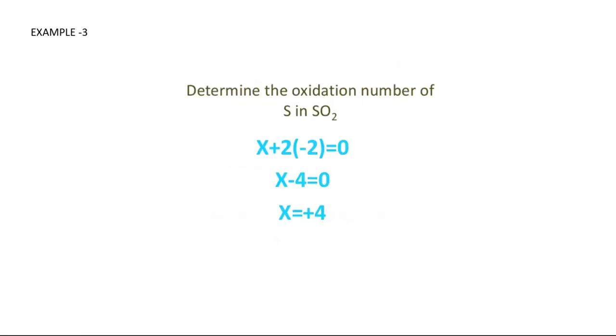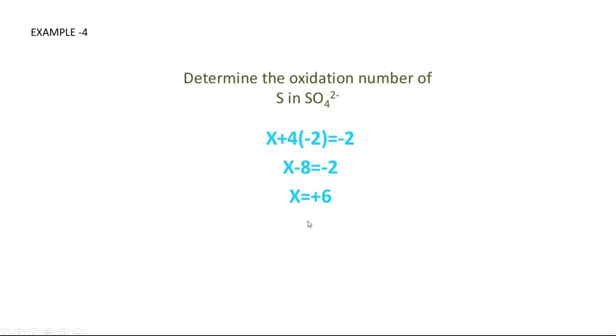Example 3. Determine the oxidation number of sulfur in sulfur dioxide. Sulfur oxidation state we will consider as X plus how many oxygen atoms? 2 oxygen atoms multiply by oxidation state of oxygen is -2, that is equal to 0. So X minus 4 equals 0. So X is equal to +4, that is oxidation state of sulfur in sulfur dioxide. Example 4.